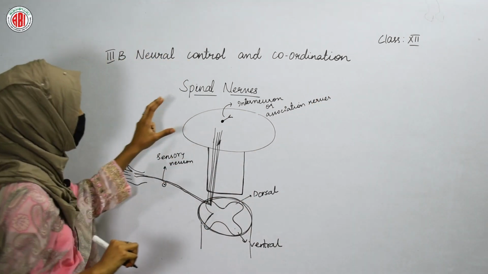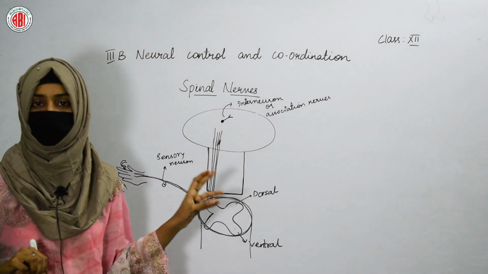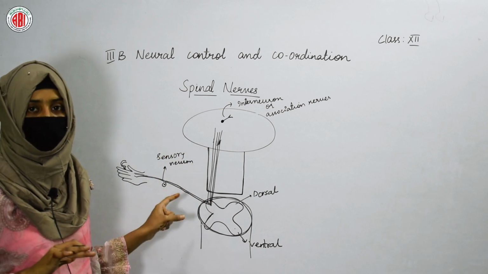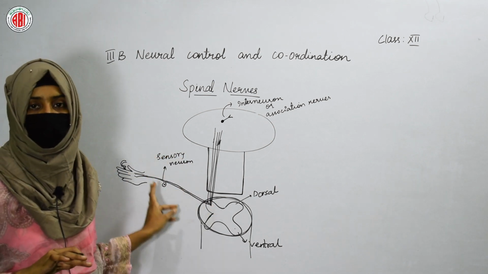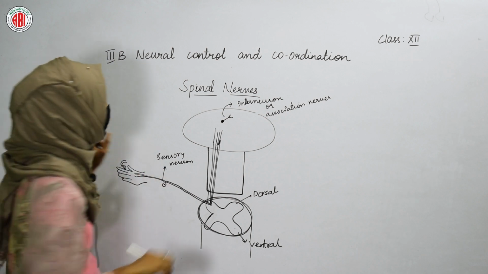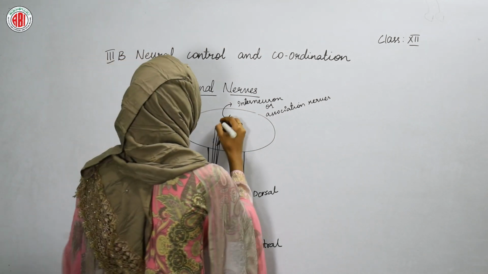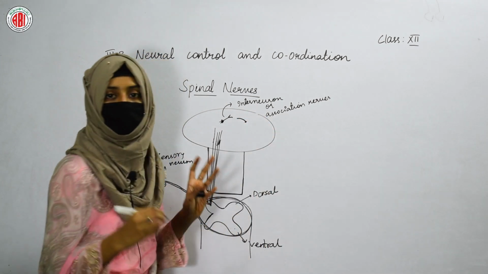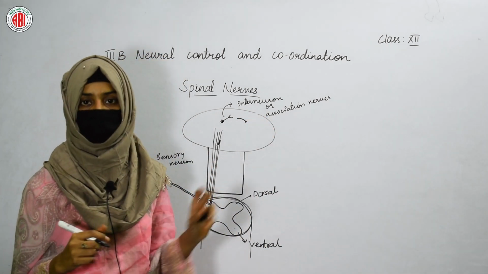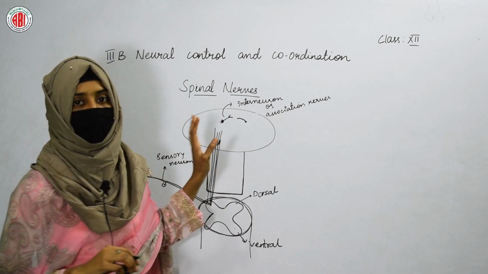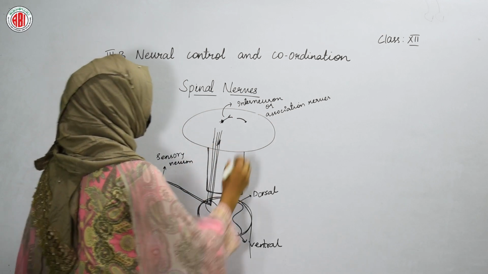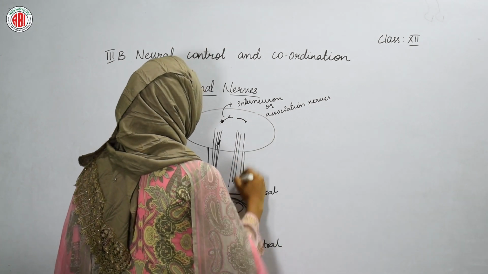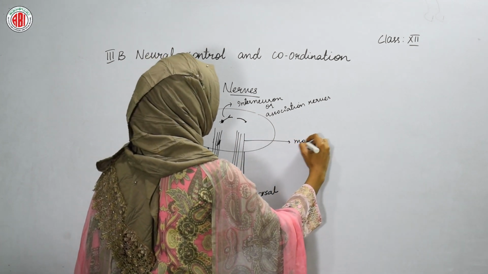These interneurons are found in our brain and they are responsible for analyzing the information sent by the sensory neuron. After the information gets analyzed, it is given to the motor neurons. Some command or instruction from the brain is given to other neurons, and we call those neurons motor neurons.